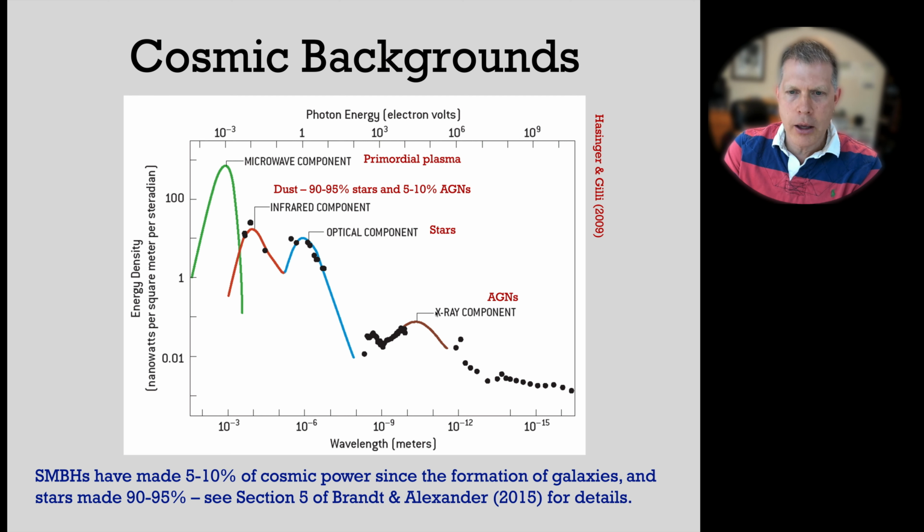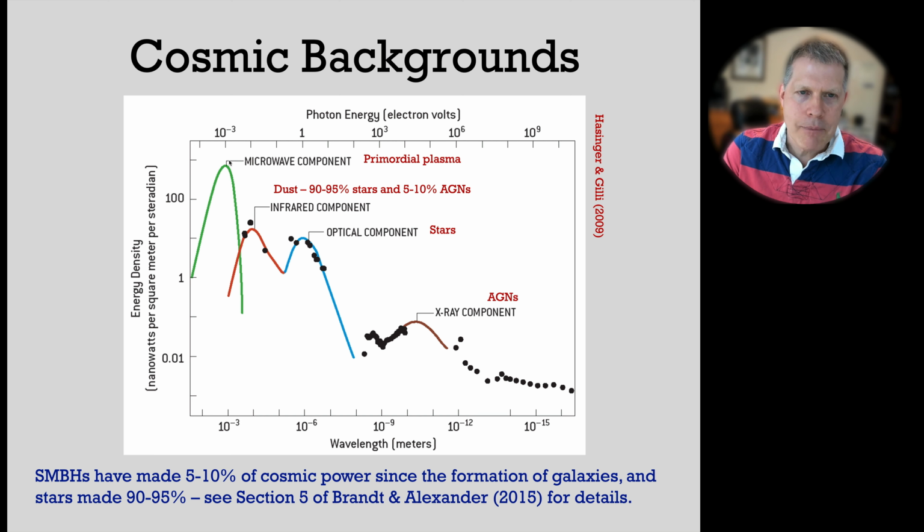So this is probing growing supermassive black holes in the distant universe. We then have a cosmic optical background. We now know that is from stars. And then we have a cosmic infrared background. We believe that's from dust. I'll say more about the cosmic infrared background momentarily. That's important. And then, of course, the dominant background of all of the cosmic is the microwave component, which is from the primordial plasma associated with the Big Bang.